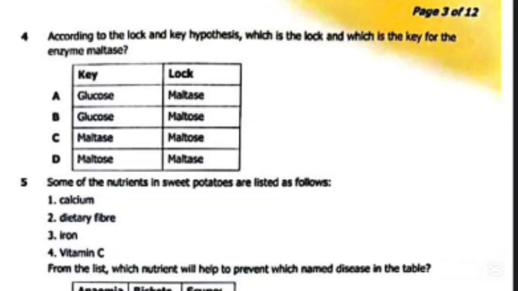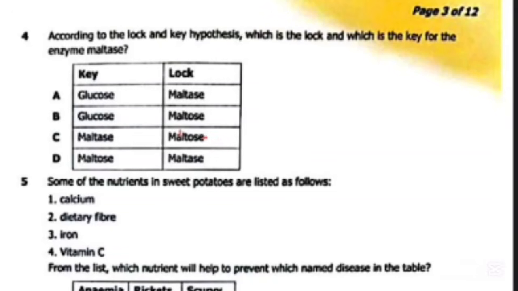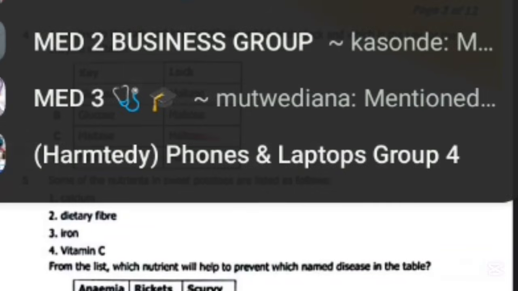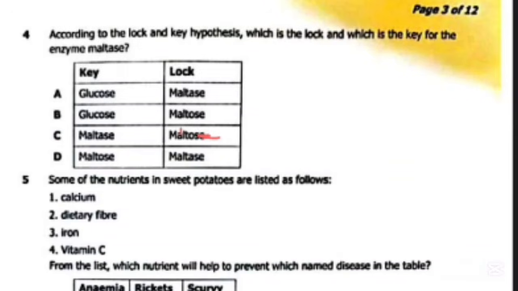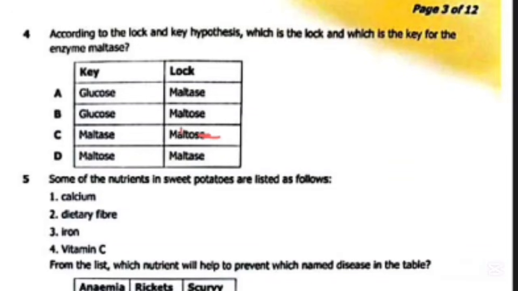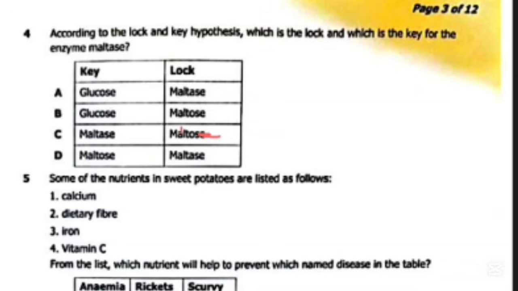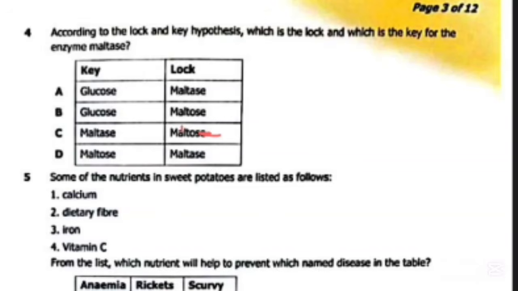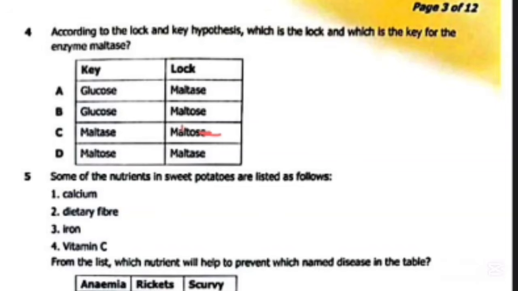When you remove the E, you put A, it becomes an enzyme. So an enzyme for maltose is maltase. An enzyme for lactose is lactase. Just like that.